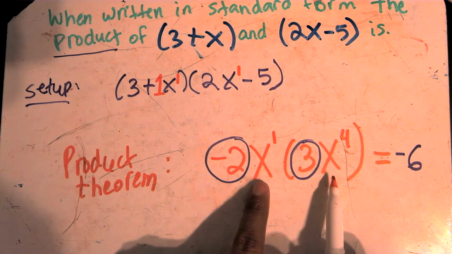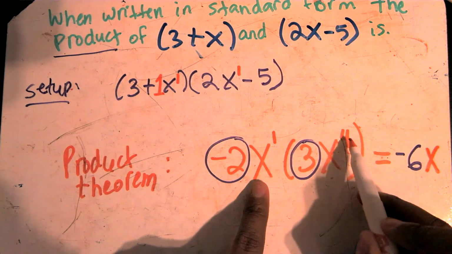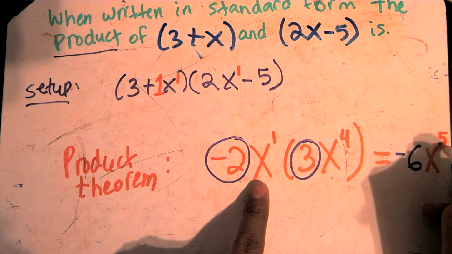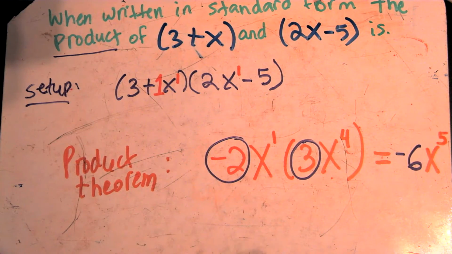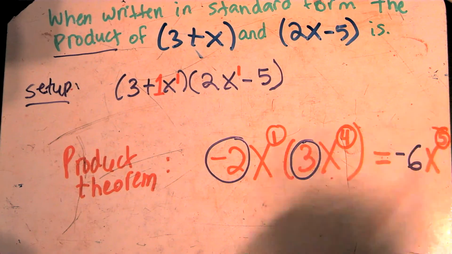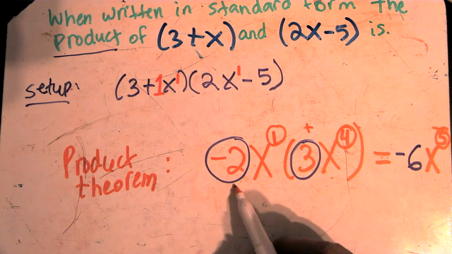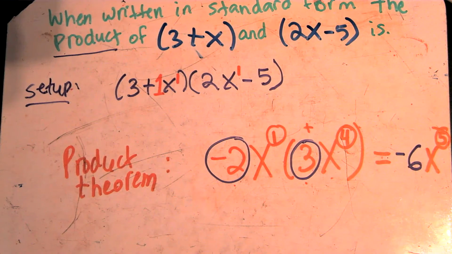And in both these terms, the variables are the same. So I have 1x times 4x being multiplied. 4 plus 1 is 5. So we add the exponents and we multiply the coefficients.